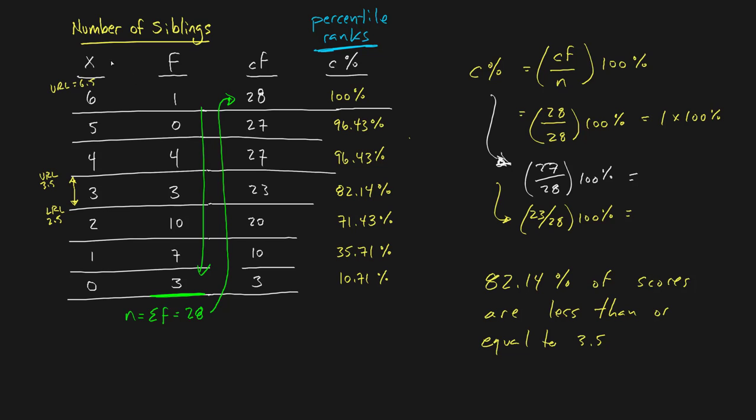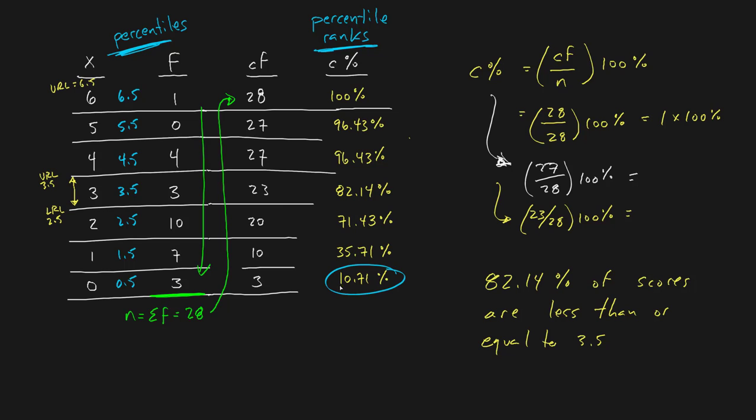So if I wanted to create another column here, a column of percentiles, then they would be 6.5, the upper real limit of 6, and 5.5, the upper real limit of this category, and 4.5, and 3.5, 2.5, 1.5, and 0.5.